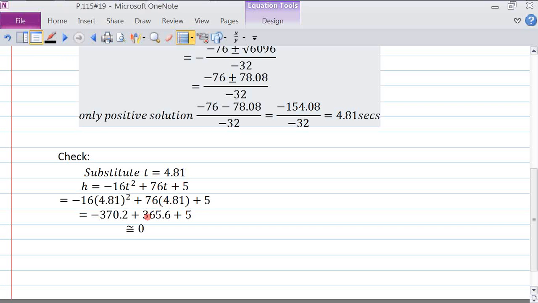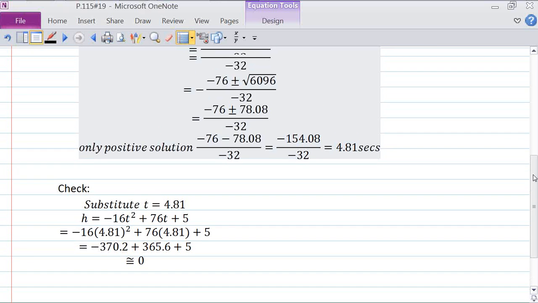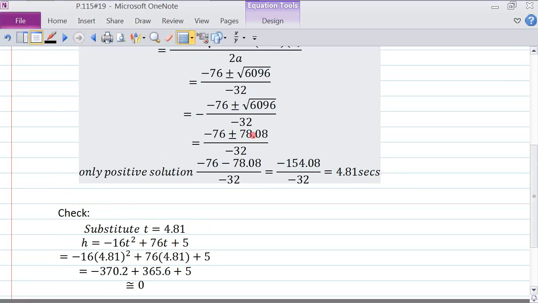This times this works out to be 365.6, and the 5. So if you add these together, you can see that these nearly cancel each other out, approximately equal to 0. Obviously, this is an approximate answer, and because this is approximate here, this is not an exact answer.